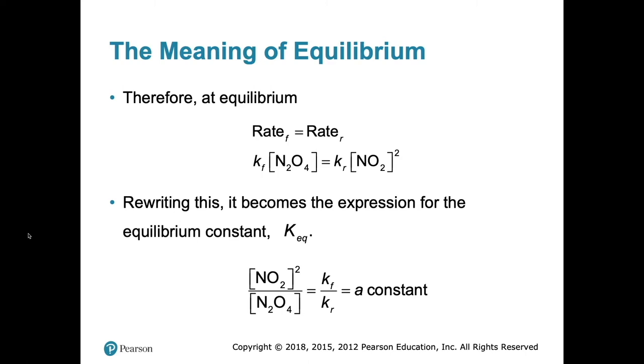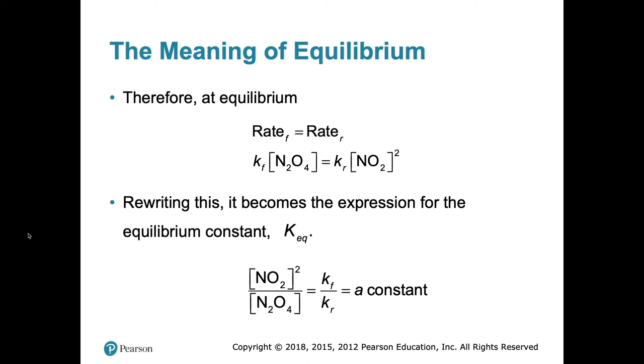So the biggest thing that I want everybody to remember is, when you're writing out these rate laws for equilibriums and the equilibrium constants, the products will always be above the reactants. Okay, remember that. And then the exponents will always be based on what?